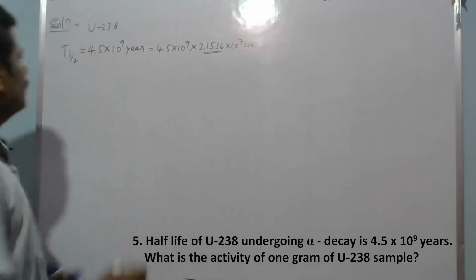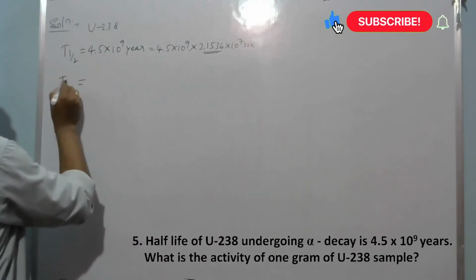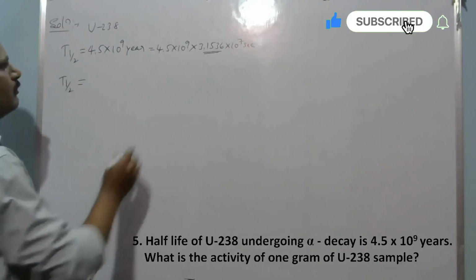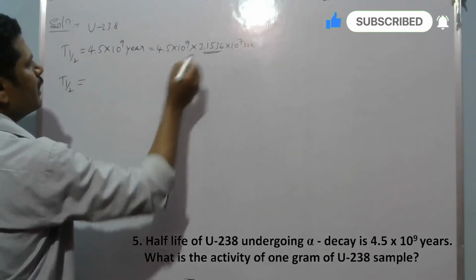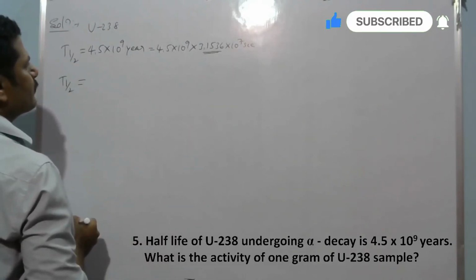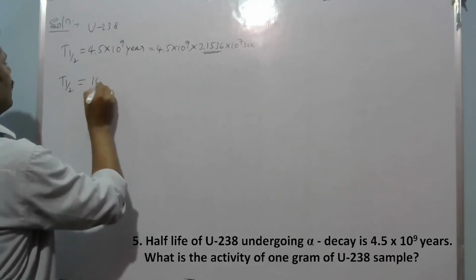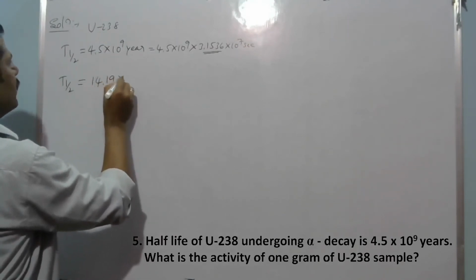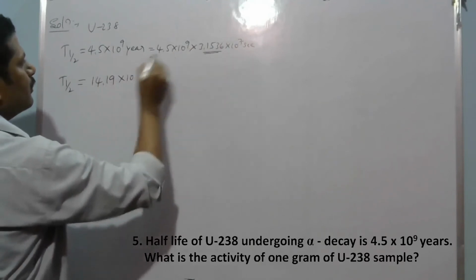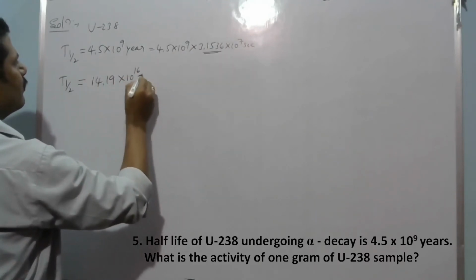Now, on calculating, we get the half-life period of this radioactive substance equal to 4.5 into 3.1536, which is 14.19 into 10 power of 16 seconds.